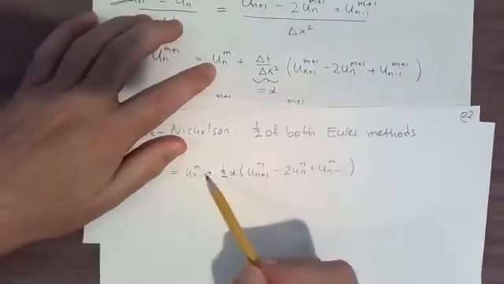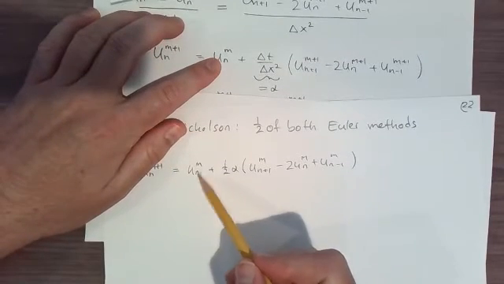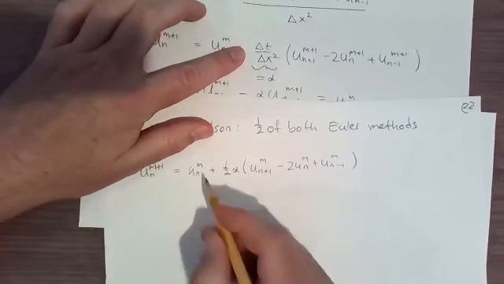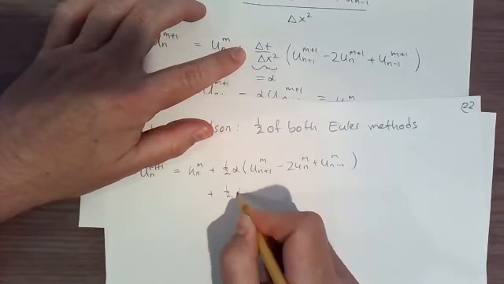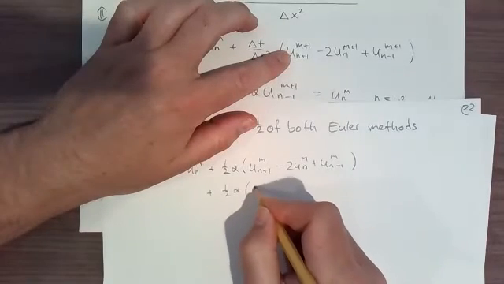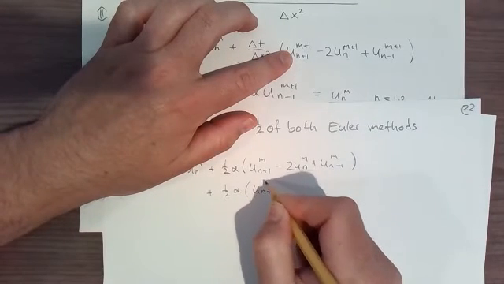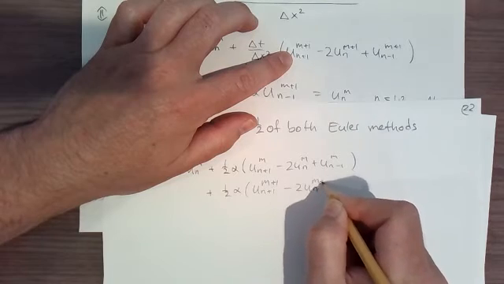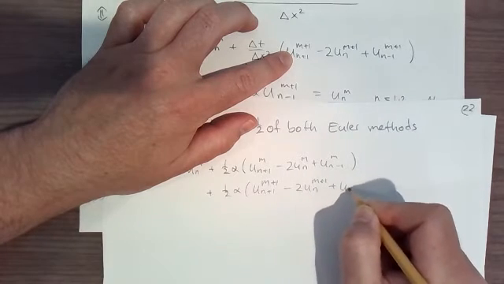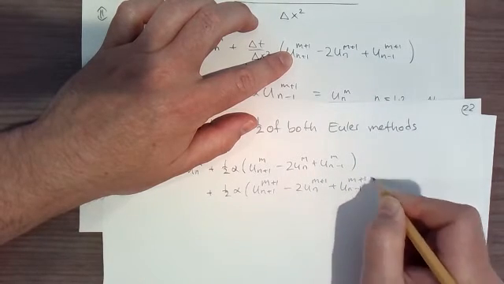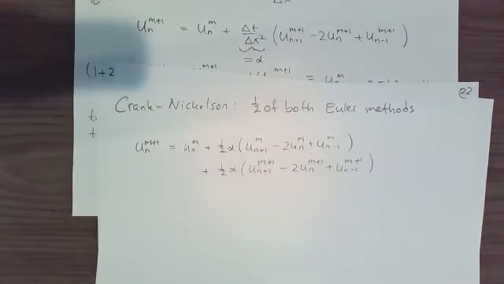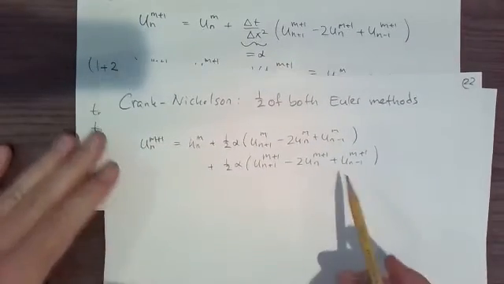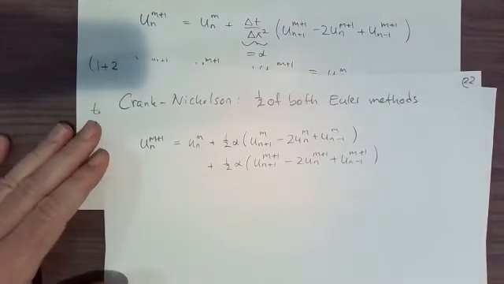So you get the other half, and then you get a half of this one plus 1/2 alpha, and then this mess over here, u n plus 1, but now we're going to have this m plus 1 up there. And so again, you see that this is going to be implicit. There's going to be another system to solve.